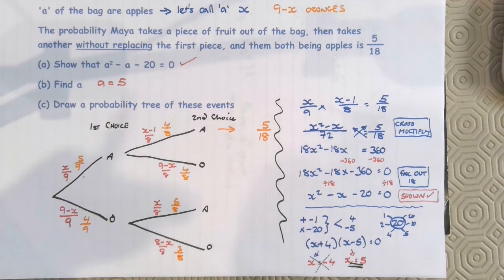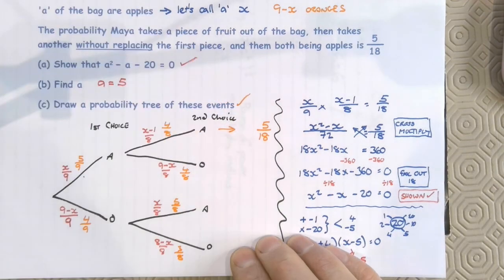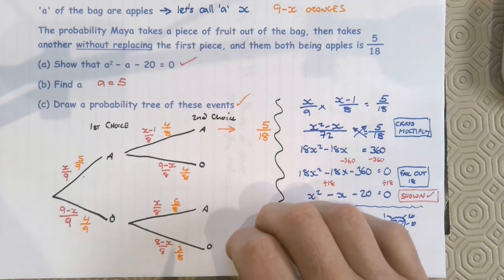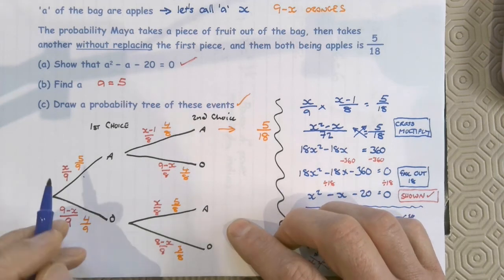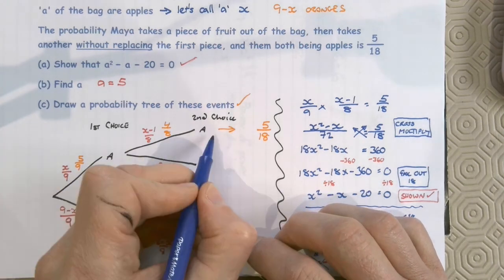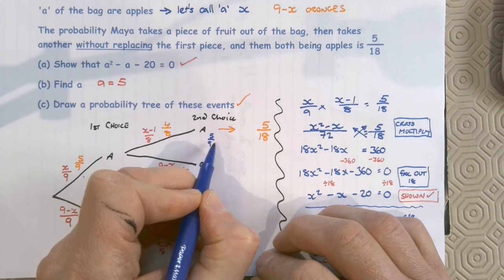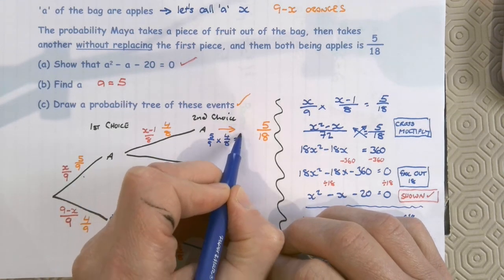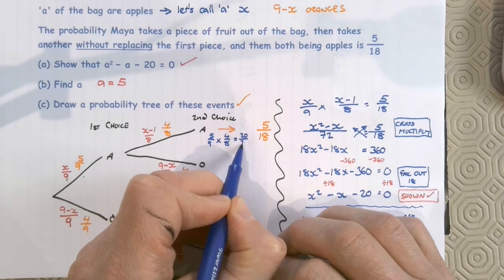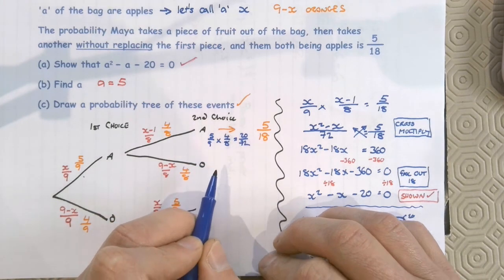So we've done that bit. Just to give you some peace of mind here, if we had a look, 5/9 times 4/8 is 20 on 72, right?